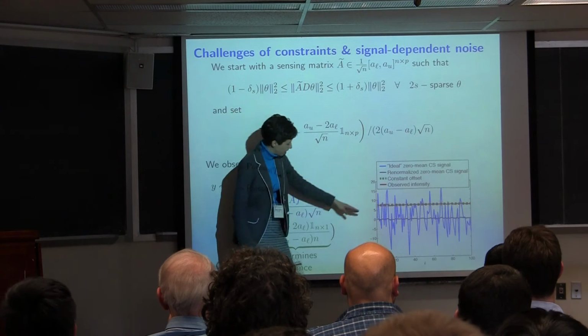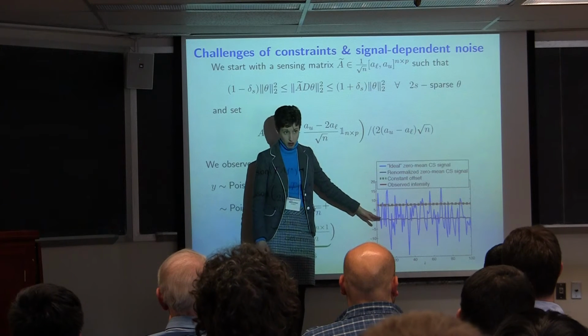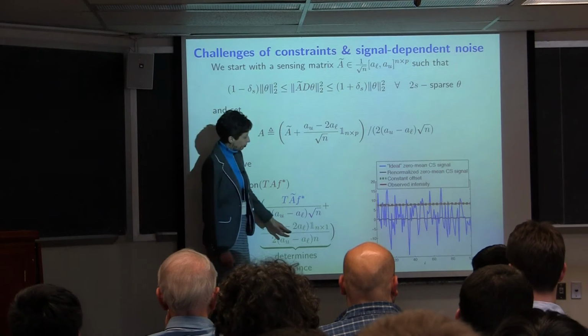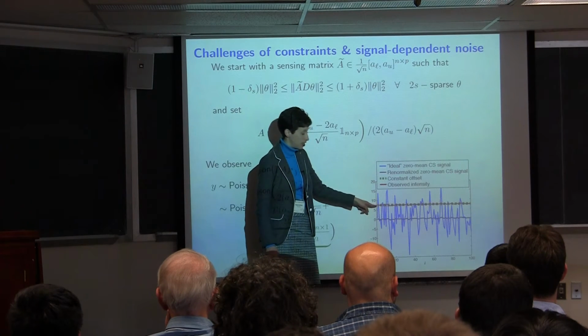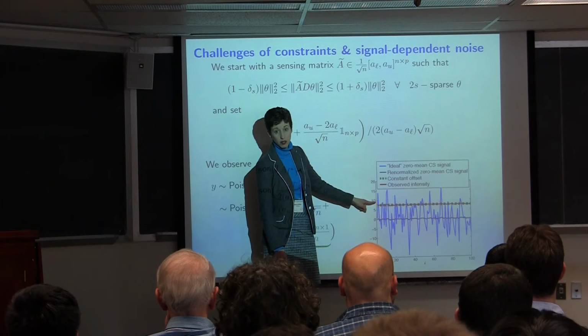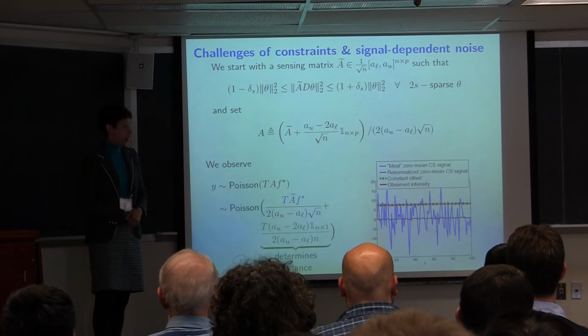So instead of having an amplitude on the order of 15, we have an amplitude on the order of 1. Then a constant offset has been added to it, so that the observed intensity, before we even have any noise, corresponds to this red signal. We'd like to measure the blue. We can't do that in a physically realizable way, so we end up measuring the red.